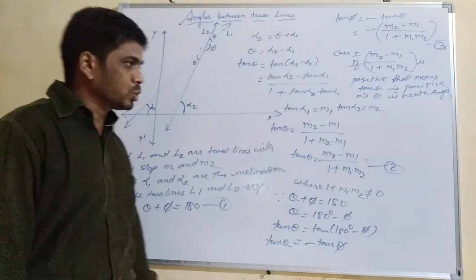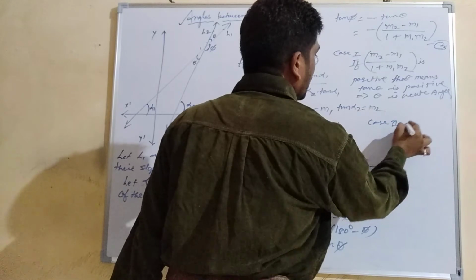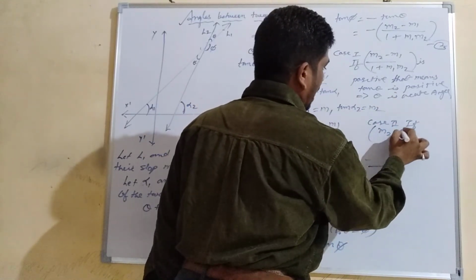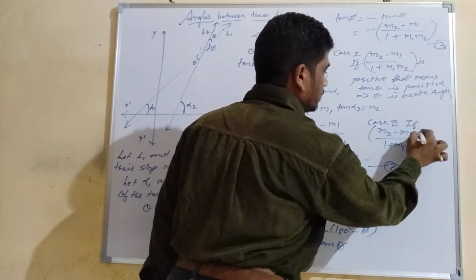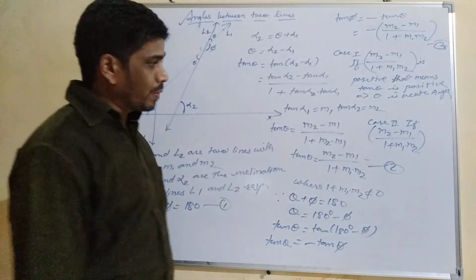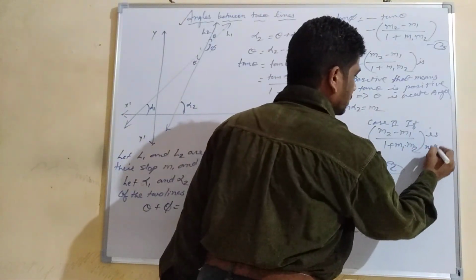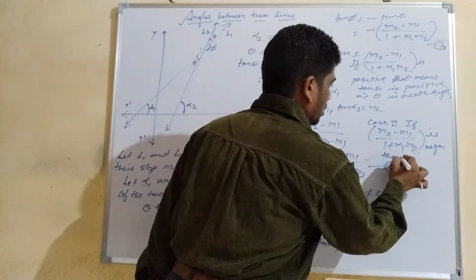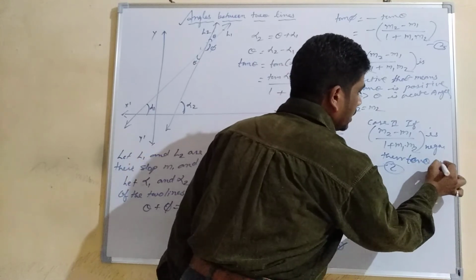Second case, case 2: if this value M2 minus M1 upon 1 plus M1 into M2 is negative, then tan theta will be negative.